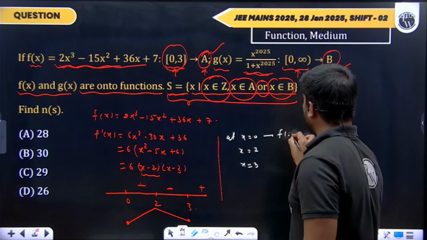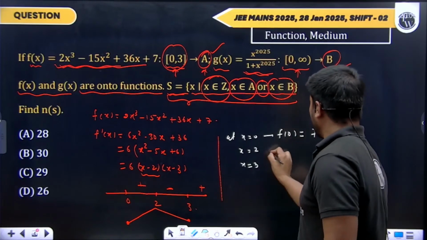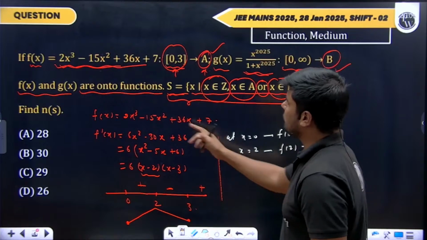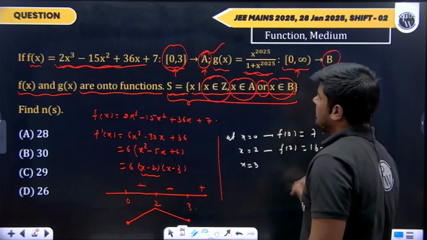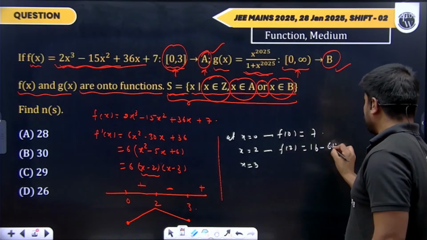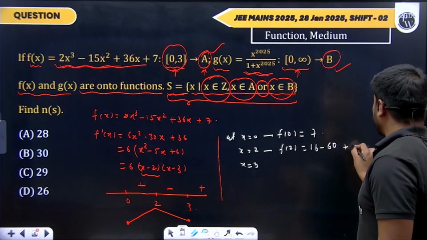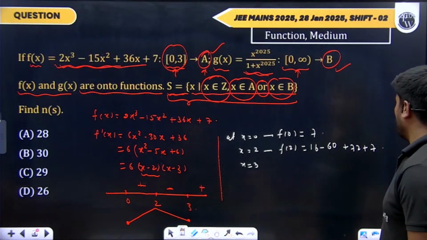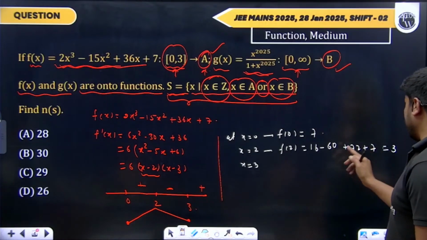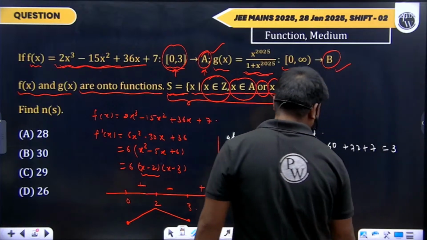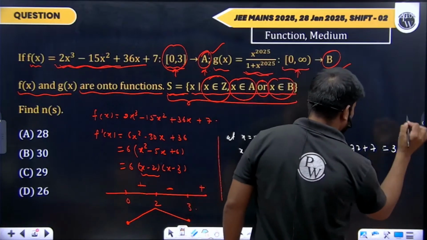So f(0) is 7. For f(2): 2 into 8 is 16, 16 minus 60 plus 72 plus 7, which gives 35.